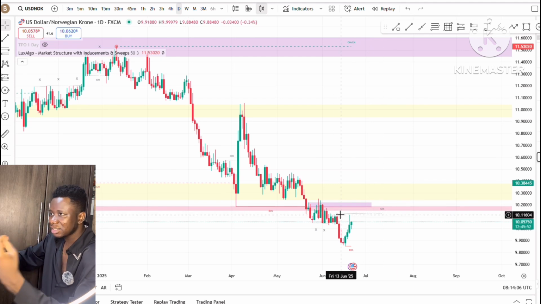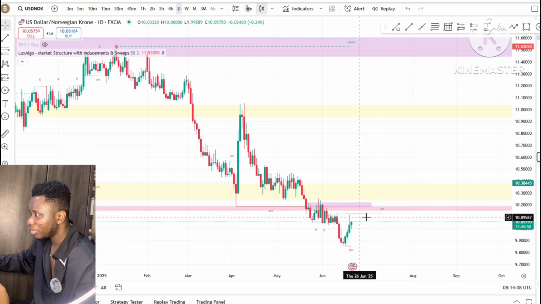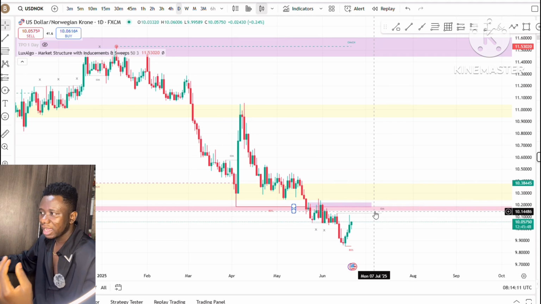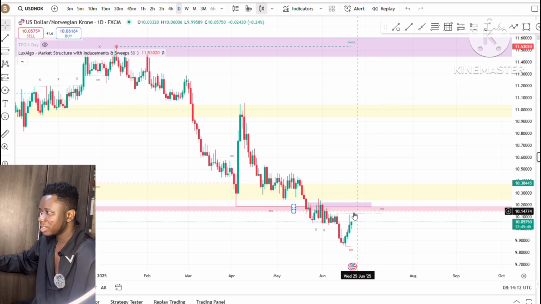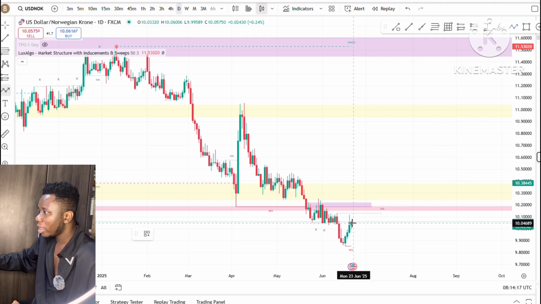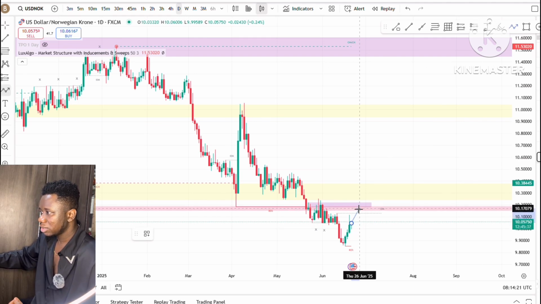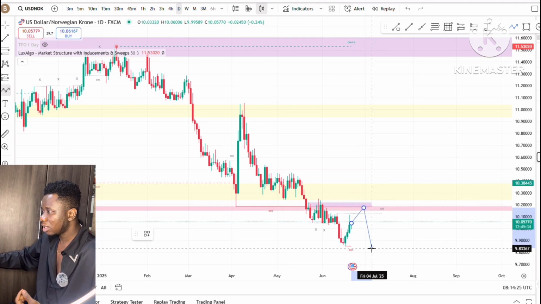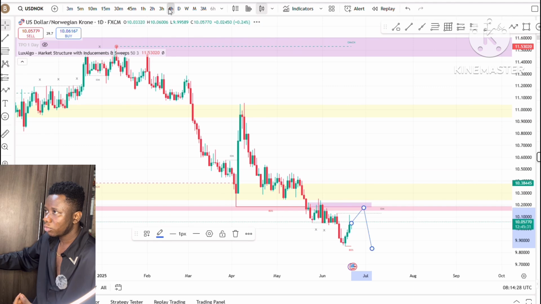I'm using some sort of indicator in here to identify the inducement area. So I'm waiting for price to come somewhere like this to create the higher low on the 4-hour support, 4-hour resistance to sell off. So this is what I'm waiting for.